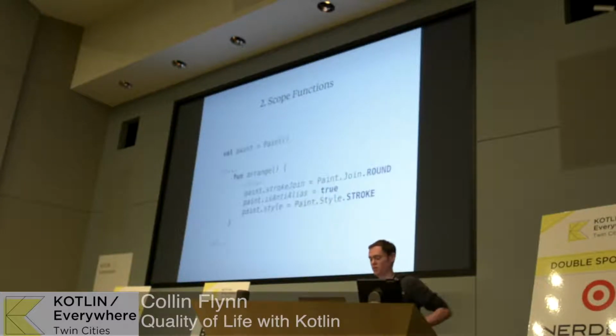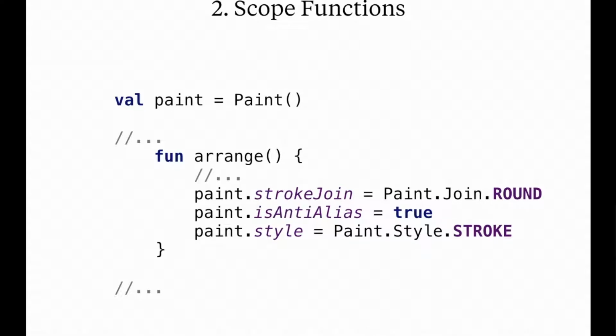So a quick example of that, imagine you have a paint object. Paint is one of those things where you create it and then you need to be setting a bunch of things on it to configure its appearance. And maybe frame over frame you want to animate or change its appearance somehow. It's something you're continuously doing. So we could rewrite this using with, and it might clean up the context a little bit.